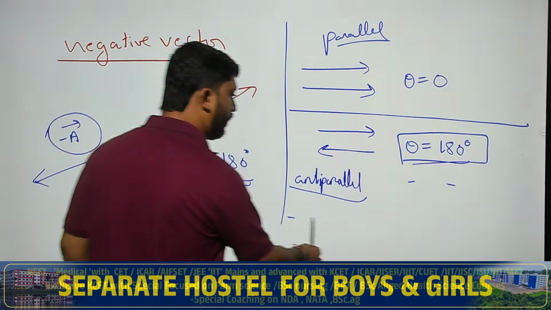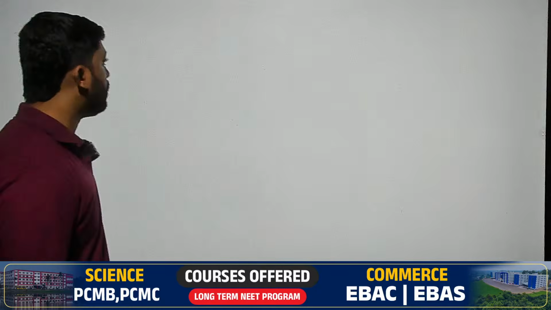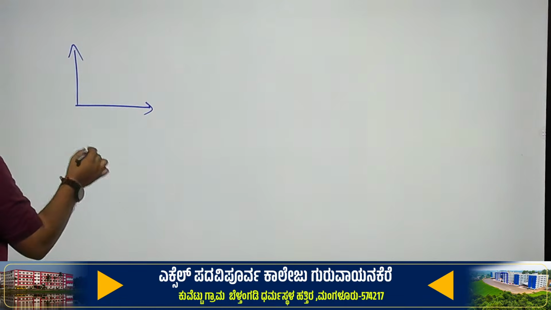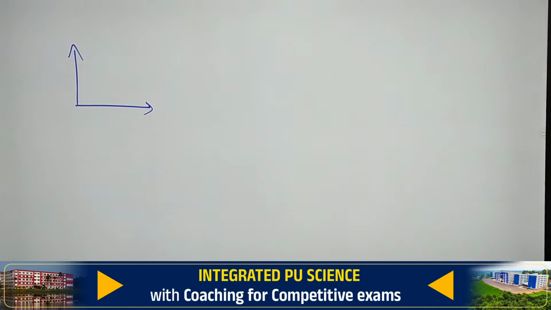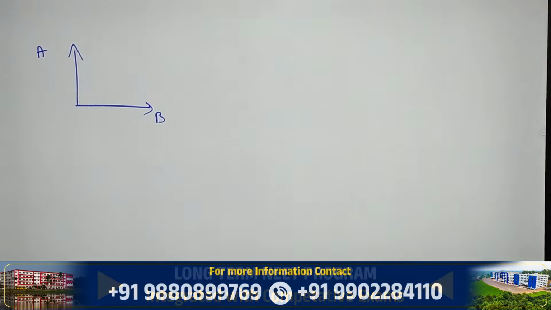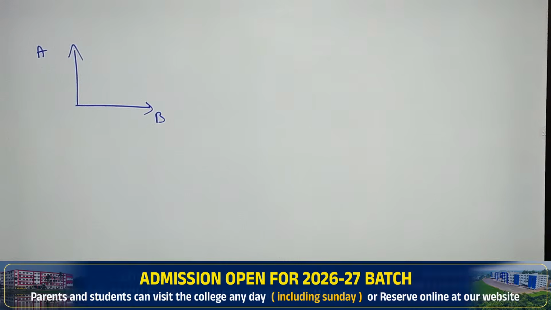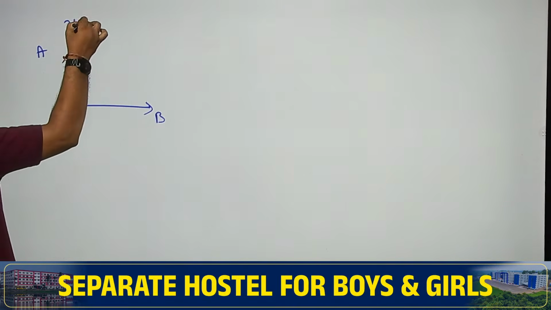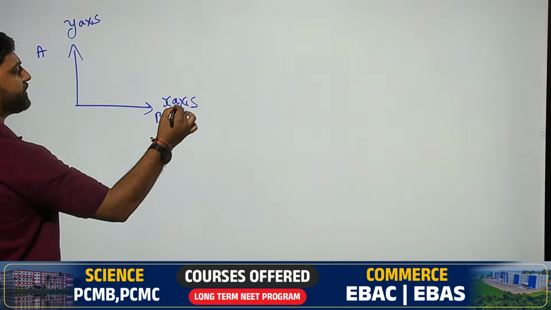And we have one more type of vector. Can you tell me what is the angle here? I have drawn two vectors here, A and B. What is the angle between these two vectors? You can clearly see one is directed along the y axis and another along the x axis.